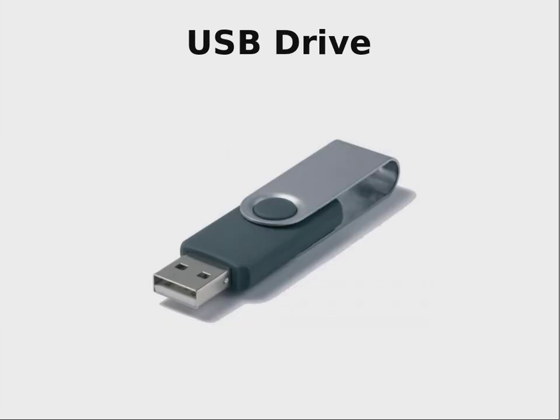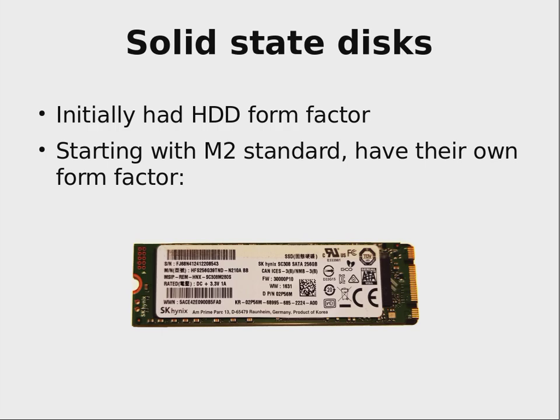Then USB drives, and later of course solid-state disks. And for solid-state disks, because Moore's law still applies, they can be miniaturized, made smaller and smaller. Therefore all mobile devices and high-end devices switch from magnetic disks to solid-state disks because it is smaller. And maybe with time it will become cheaper.